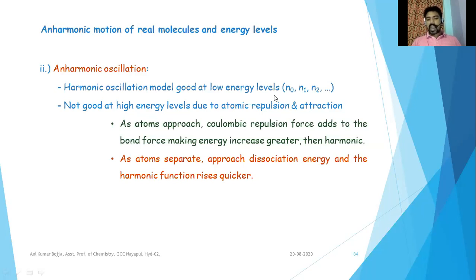For suppose whenever atoms approach each other, if they cross the barrier, the repulsive forces come into the picture. Therefore, Coulombic repulsion forces add to the bond force, making the energy increase greater. These repulsive forces will also add to the vibration of a bond, so the energy will be more than it is harmonic.